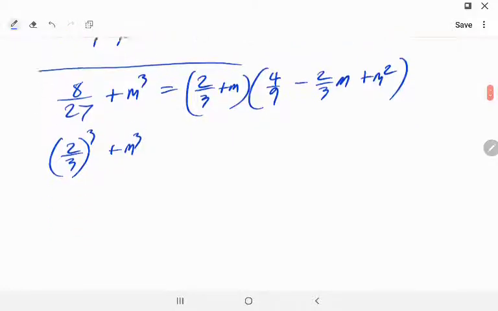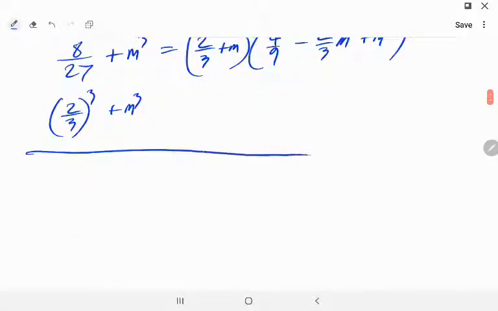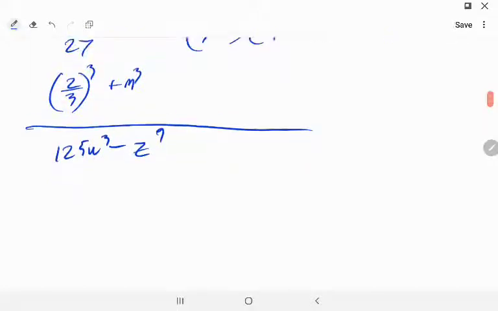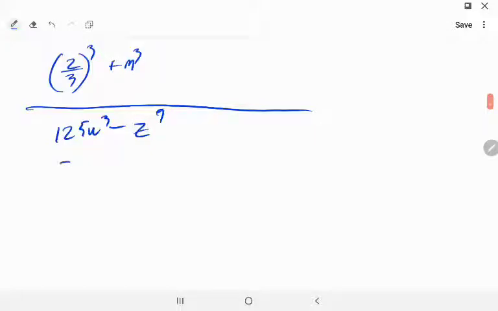We'll try one more. If we had 125w cubed minus z to the 9th, we have to be careful. We notice that we're looking at 5w being cubed minus z cubed getting cubed.